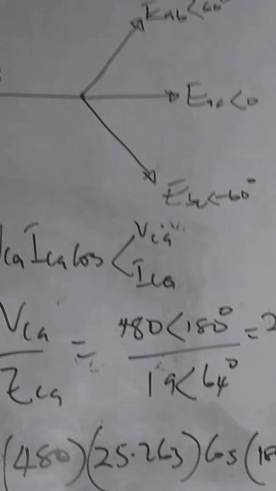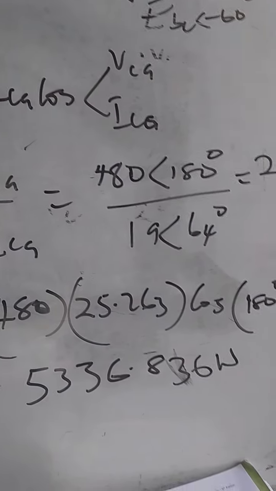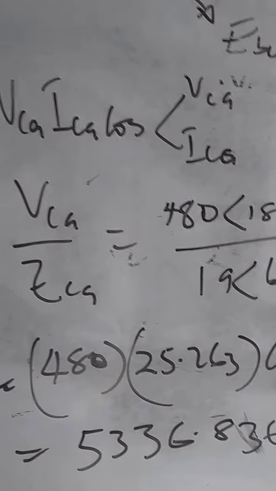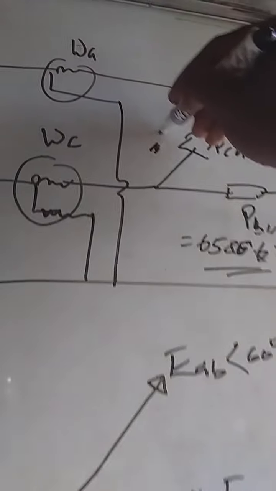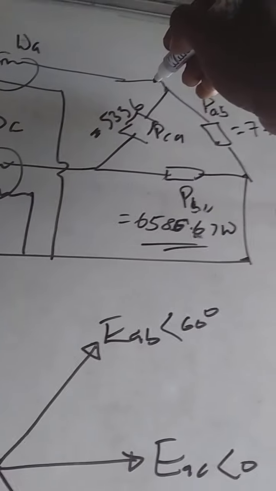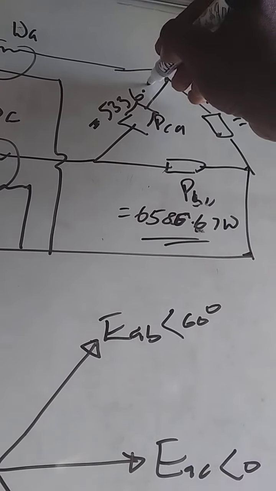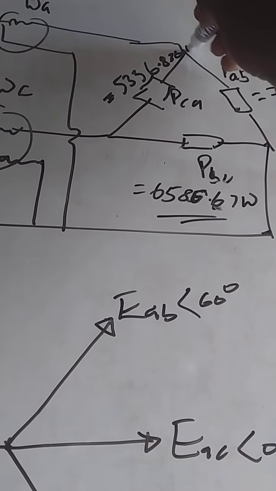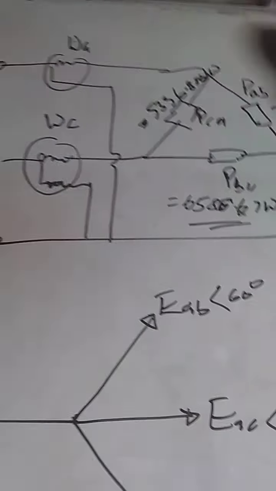So that is our PCA. So our PCA is equal to 5,336.836 watts. So we have found all the power consumed by all the loads in the three phases.